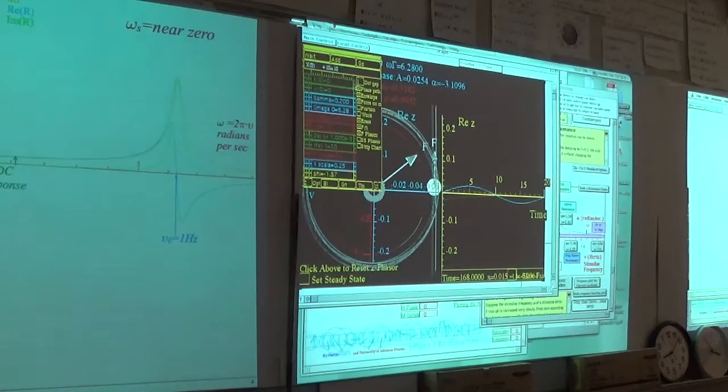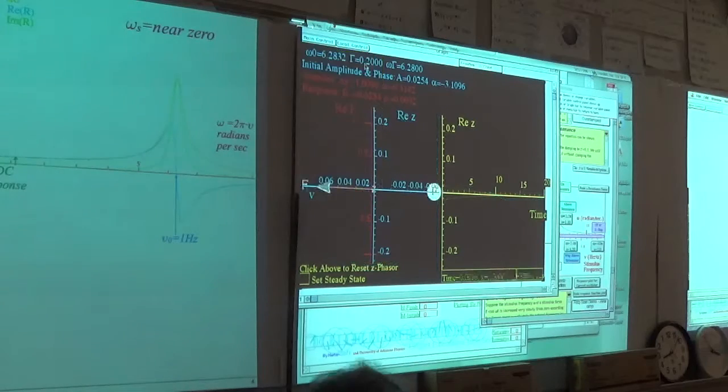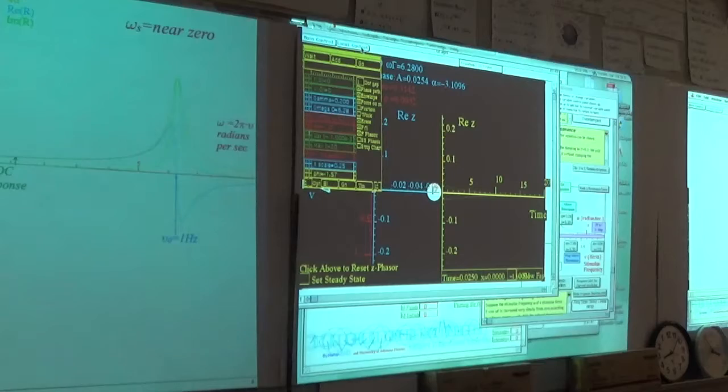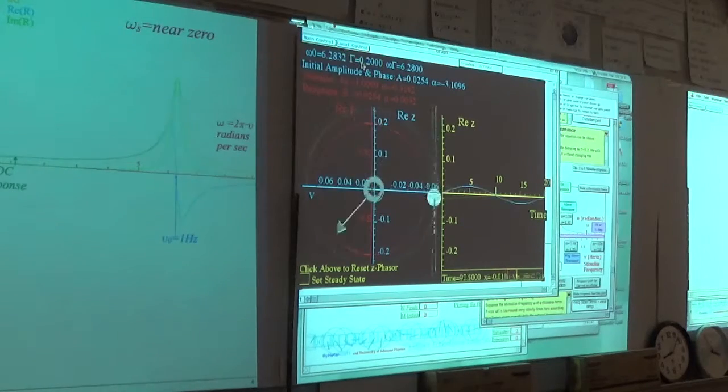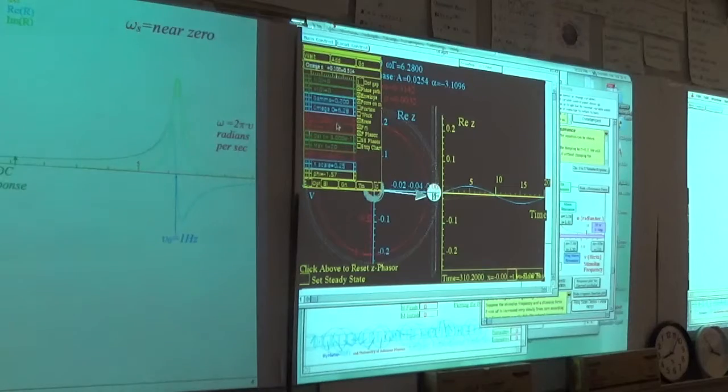Let's try that. That may be too slow. Let's see what it does. Yeah, that's way too slow. Let me see if I can try for it. Gosh, that's too fast, probably. Yep. I'm having trouble getting a number between something very small and something very large.